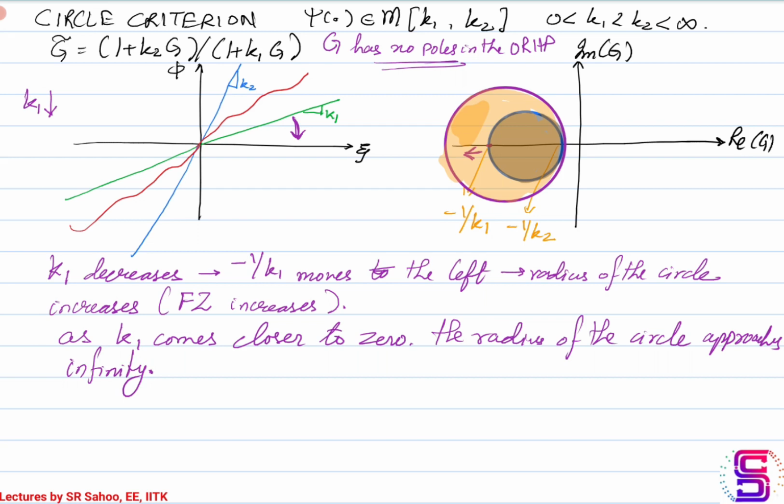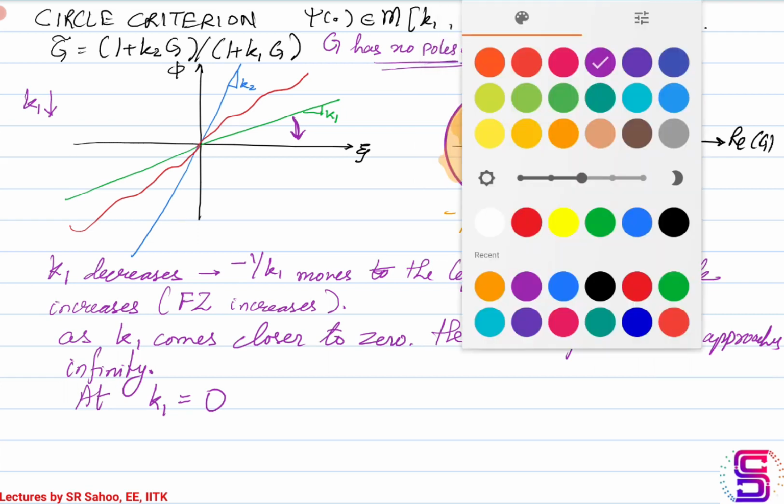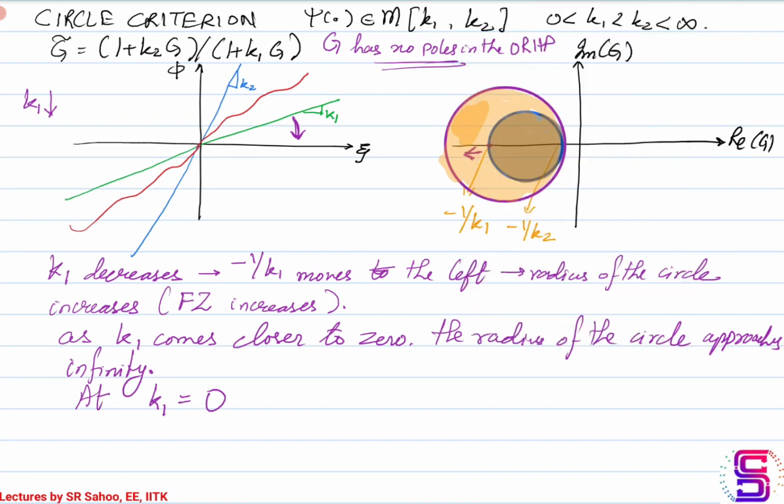Now when finally k1 becomes 0, at k1 equal to 0, you will have a circle of infinite radius, which is nothing but what we would like to call a straight line passing through the point minus 1 by k2.